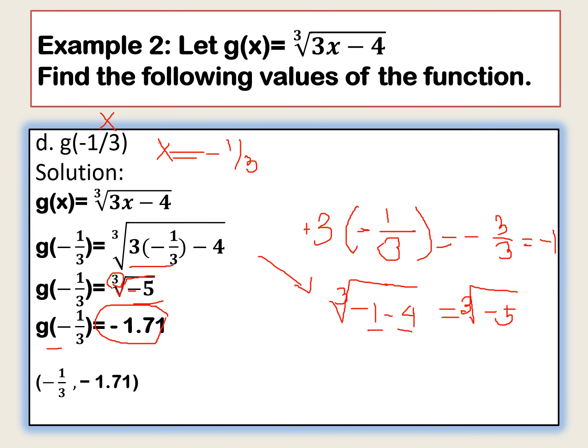So, estimated value, tapos ito yung exact value. Okay? Tapos, so when x is equal to negative 1/3, ito na yung ordered pair natin. It would be what? y equals negative 1.71. Okay. So, this would be our ordered pair. Naintindihan?